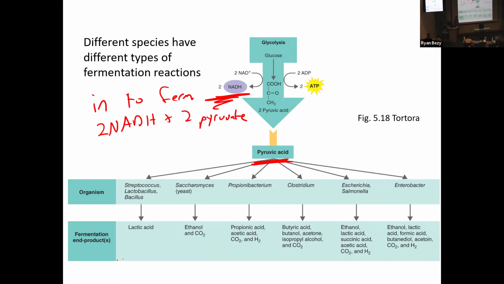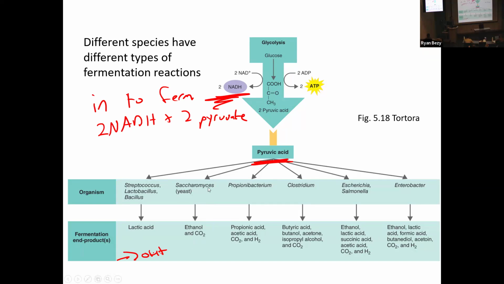What comes out then depends upon the bacterial species. For instance, certain species of bacteria like Streptococcus, Lactobacillus, Bacillus, and certain species like us, for instance, we can do fermentation sometimes as well. They have fermentation that produces lactic acid as the end product.